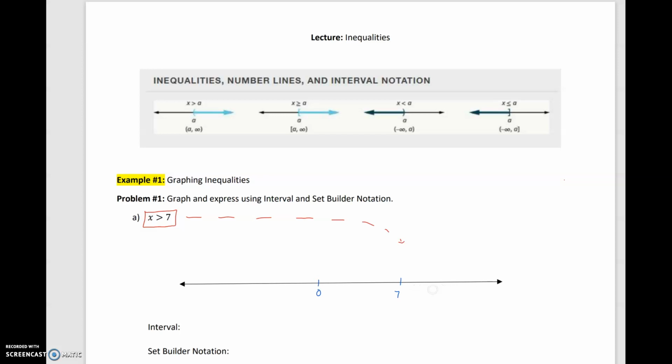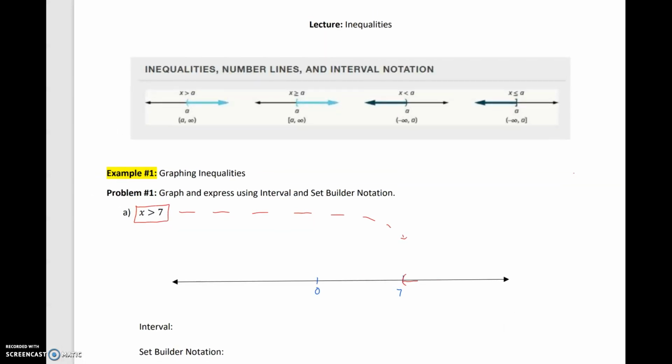So we're talking about 8, 9, decimals, fractions, any value to the right hand side. When we're graphing x is greater than 7, we typically put a parenthesis because you're not including 7, and then you highlight every value to the right.